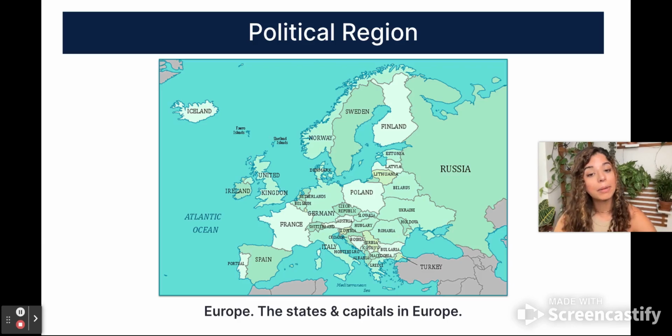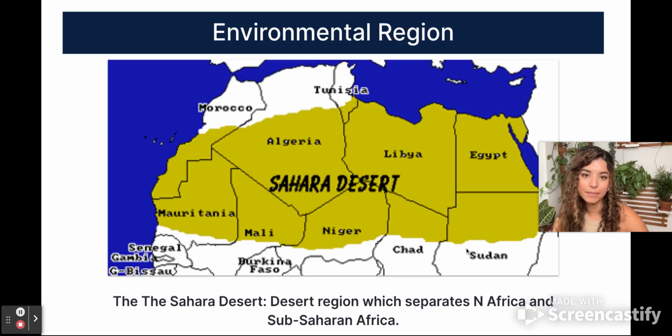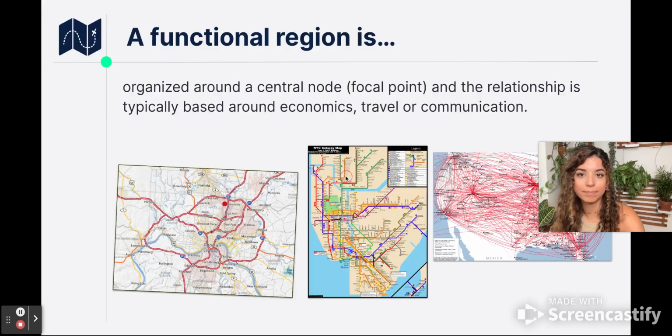Then we have political regions, like I mentioned. The example here is Europe, which has the specific lines that separate country to country. And then we have environmental regions such as the Sahara Desert. There are a lot of other landforms that would be considered a formal environmental region.